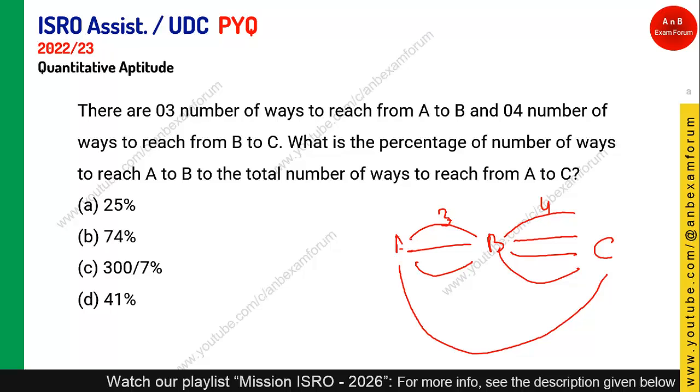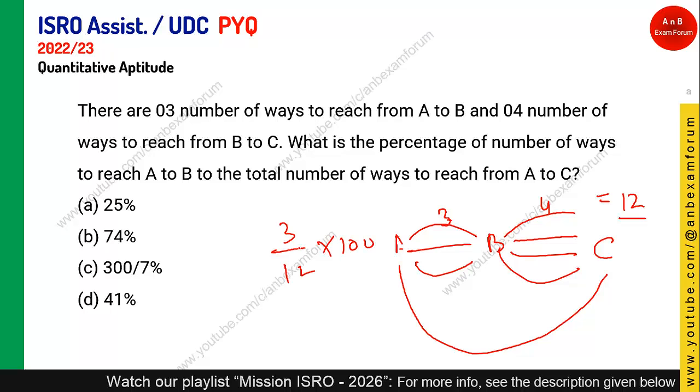3 into 4. How? For the first way, these are the 4 options. For the second way, these are the 4 options. For the third, there are the 4 options. So 3 into 4 means there are 12 ways to reach from A to C. You need to compare the number of ways to reach A to B with the total number of ways to reach A to C. A to B is 3, A to C is 12.